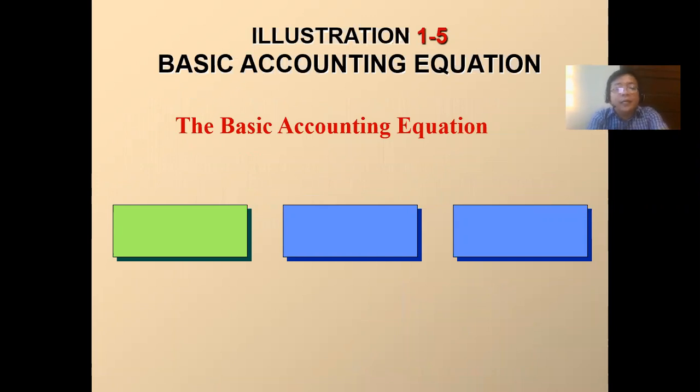All right. In terms of the basic accounting equation, it is very important that you know this. The basic accounting equation is basically assets equals your liabilities plus your owner's equity. Very important that you know this always.